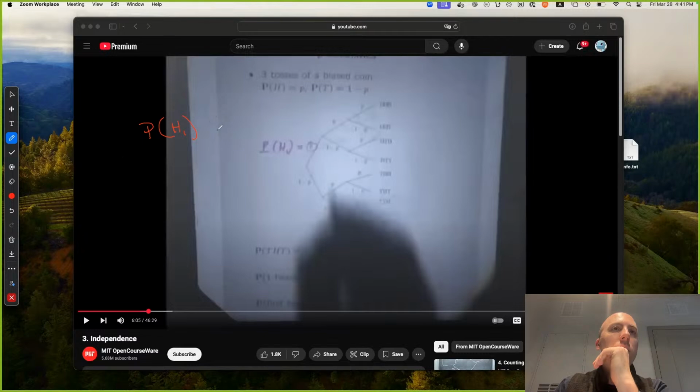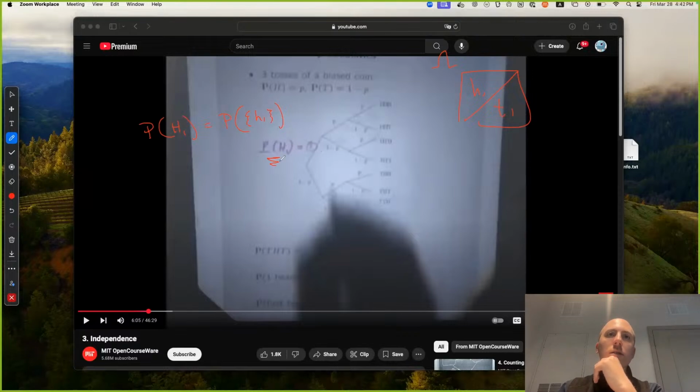The probability of H1 is basically, if in your original experiment you had H1 or T1, either this thing or this thing happened. Yeah, I'm a little confused.